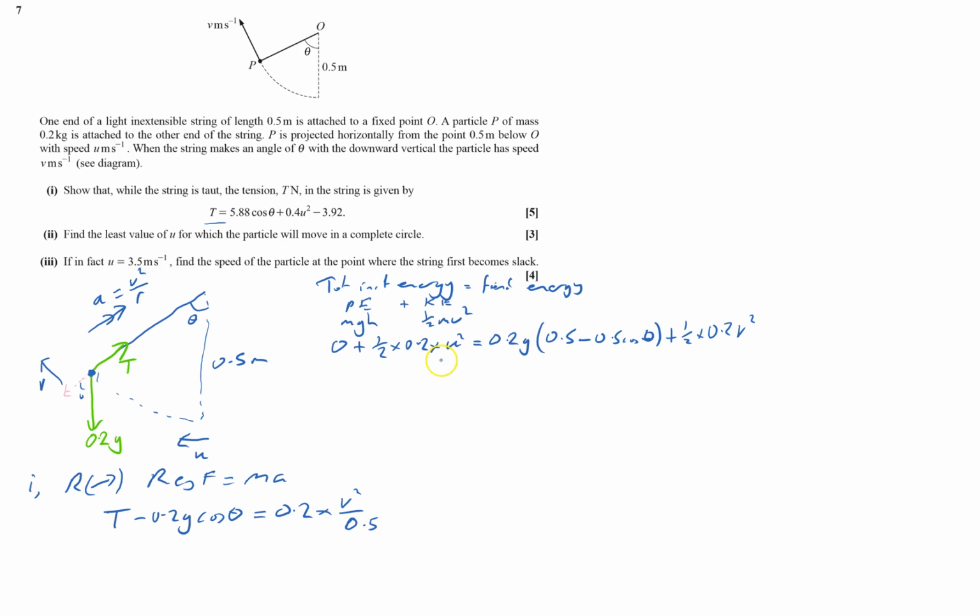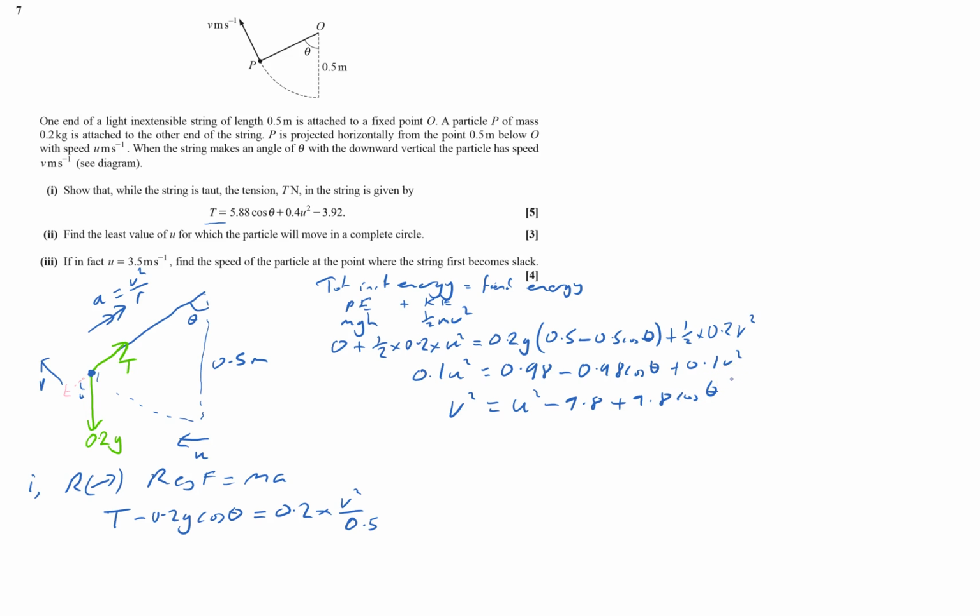And I'll just work all this out, and that gives me 0.1 u squared equals 0.98 minus 0.98 cos theta plus 0.1 v squared, and so multiplying through by 10, v squared equals u squared minus 9.8 plus 9.8 cos theta.